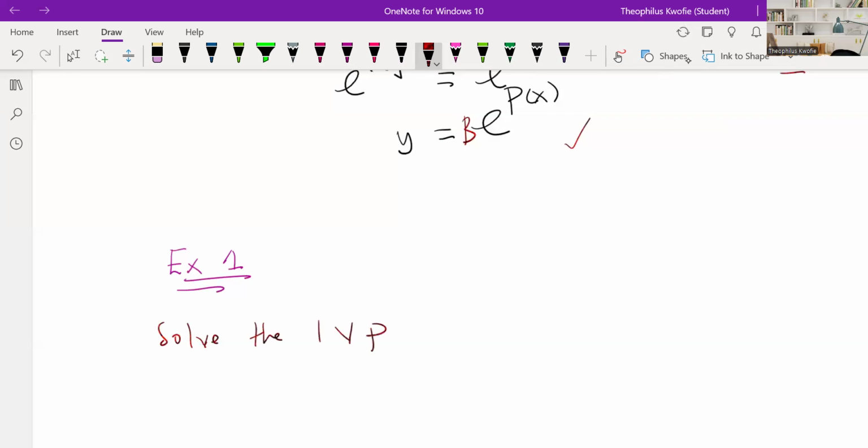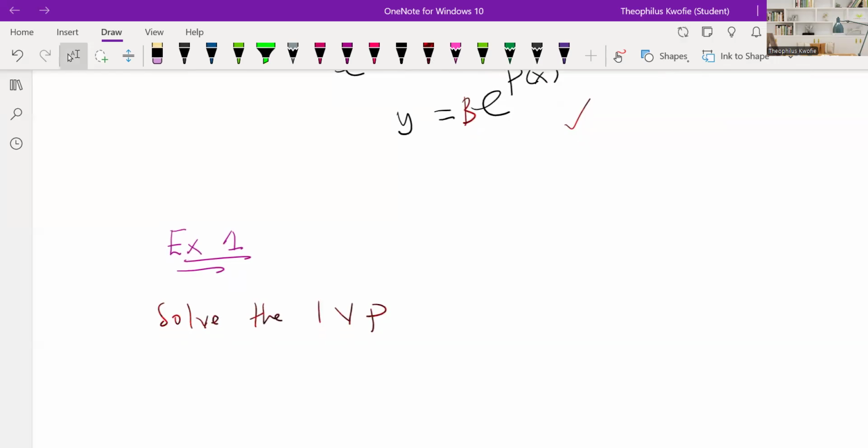IVP stands for initial value problem. y prime plus y cos t equal to 0.